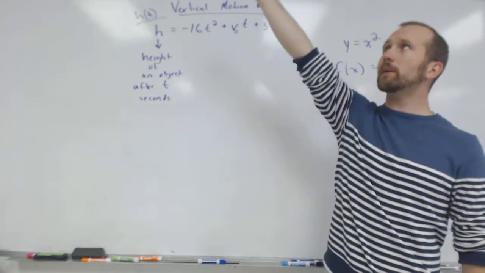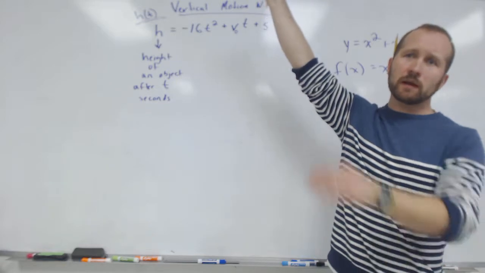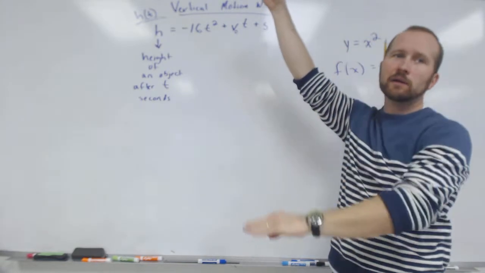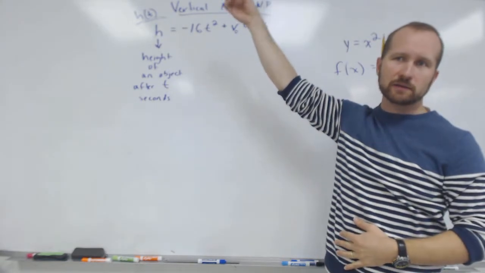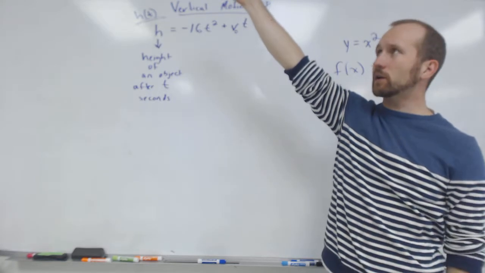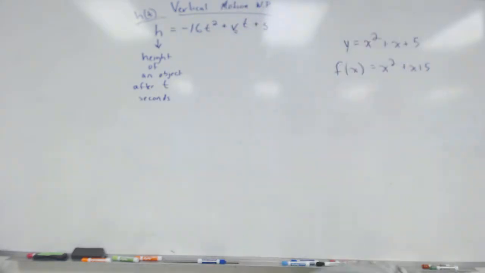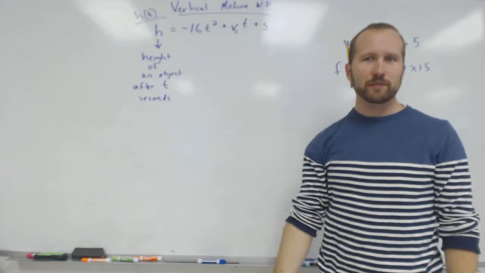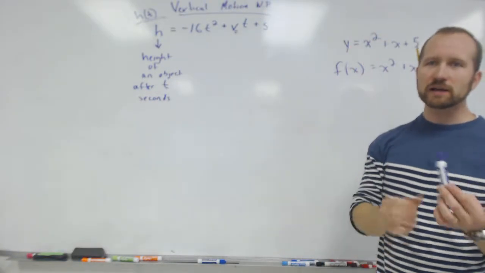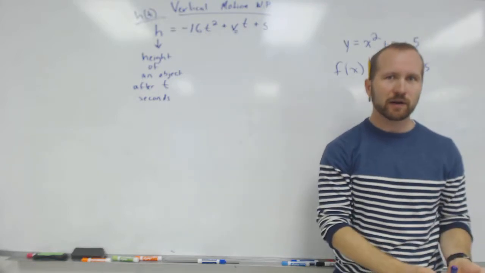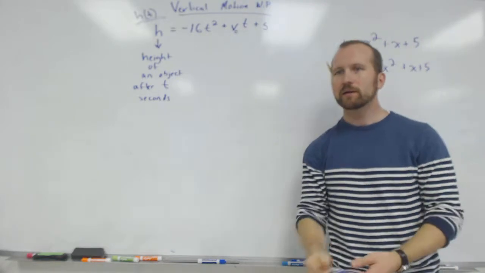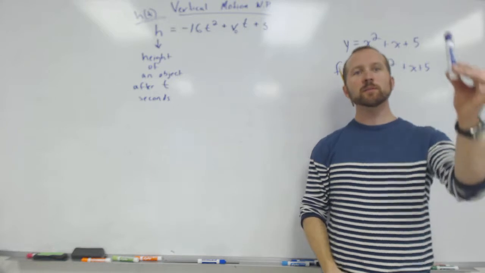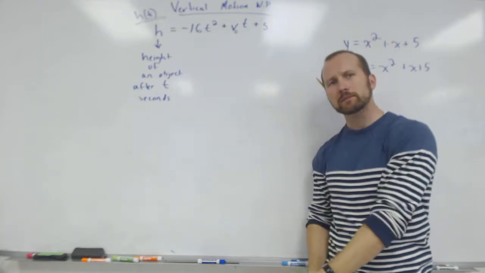So if I drop an object from up here, its height will go down as more seconds pass, right? Its height starts up here, and then as a second passes, the object's height decreases, right? If I throw an object from the ground and kind of throw it up, the height at first goes up, and then it comes back down.